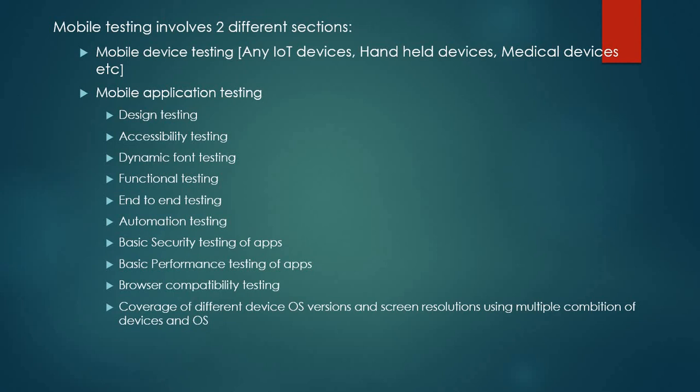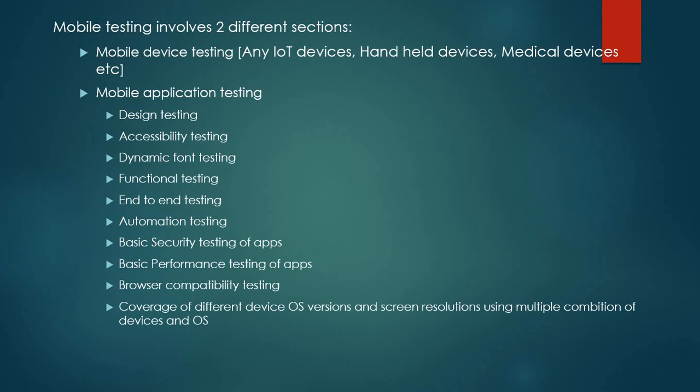When you talk about mobile application testing, this is specific to the applications on the mobile phone. It may be any application which you use to control any devices. That is also known as an integration of testing between mobile application and mobile device.